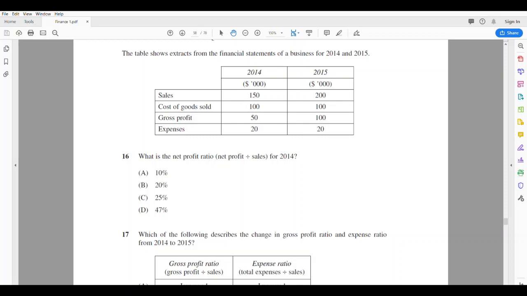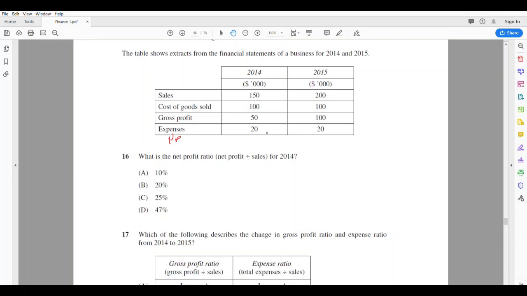Okay, 2015, question 16 and 17. Okay, so this question is asking for a net profit ratio. We've been given our sales, COGS, gross profit, expenses. So pretty much we just need to add our net profit. Pretty simple to calculate.